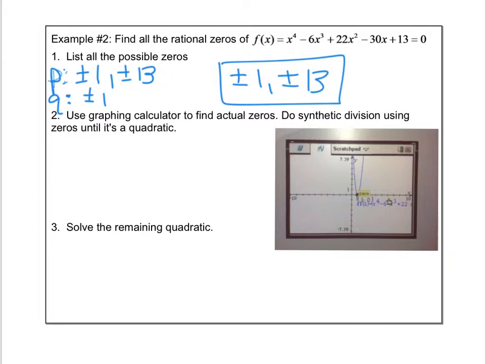Now we have to take that equation at the top and we need to break it down. So now using that 0, what did we get from the calculator? Which one of those did the calculator tell us works? 1. That you have to do synthetic division with. Okay. So we're going to put 1 in the box here, and then we're going to go ahead and divide.